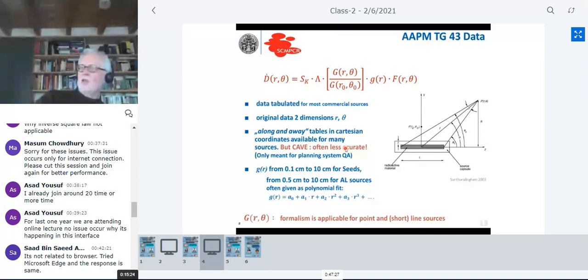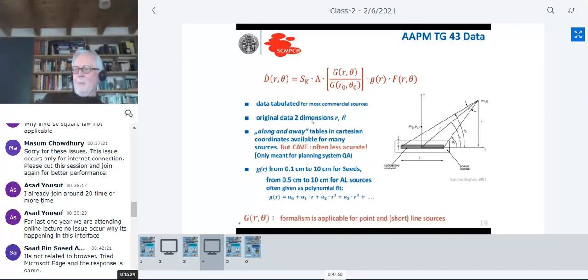So you calculate it in water with your planning system and compare to these look-up tables. That gives you information on how exact your calculation in your planning system is. To do dose calculations, always use the tables in polar coordinates, even if you then transform the polar coordinates into Cartesian coordinates.